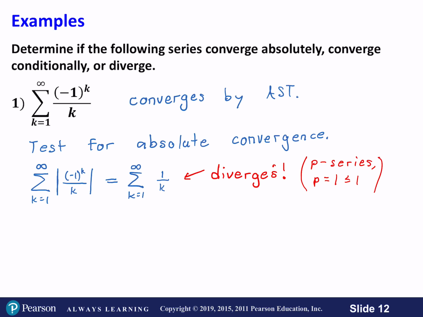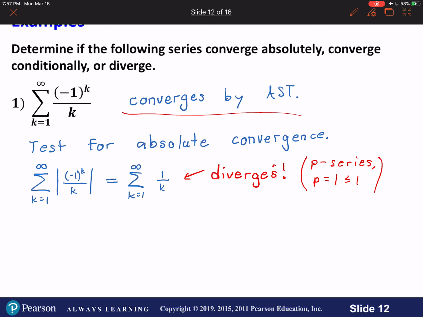All right, and so the conclusion is that since the original series converged and the absolute value diverged, that means that the sum from the beginning is conditionally convergent.